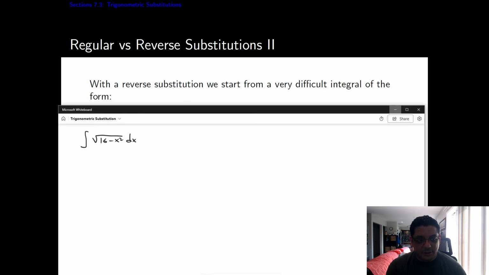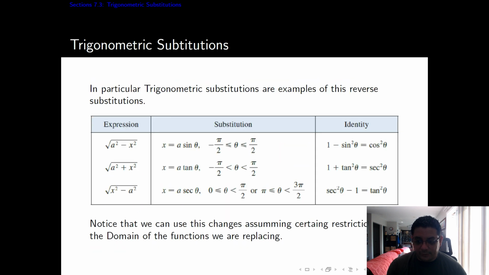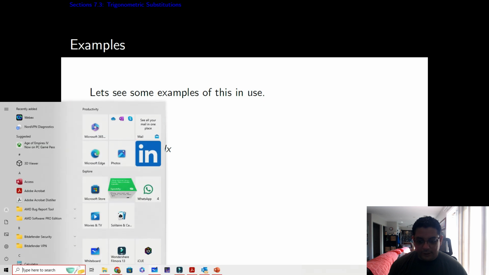We mentioned that we can use these expressions, and the substitution depends on them. We use x equals a sine of theta if we have a squared minus x squared, x equals a tangent of theta if we have a squared plus x squared, and x equals a secant of theta if we have x squared minus a squared. Now we're going to see examples of how to approach those.